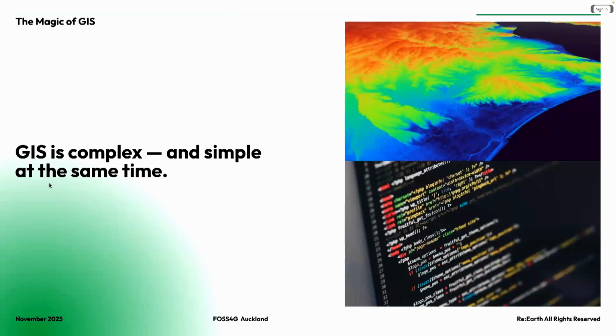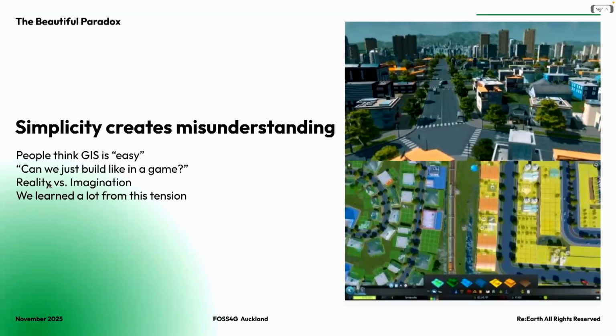Okay, so what I want to say is GIS is so complicated. It has almost every technology, like web rendering, data management, everything. But every time our clients come to talk to me, they say, hey Red, we know GIS is fancy, but what we actually want is something like this game, Cities: Skylines or something, right?